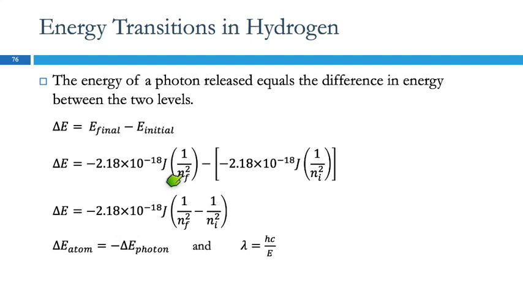So this is where it started, the final, and this is where it ends up. No, final is where it ends up. This is the final one, and that's the initial, because delta, final minus initial. So we can simplify that equation and end up with this.